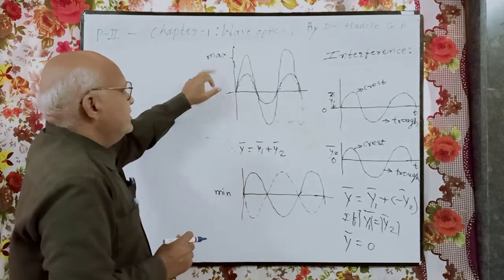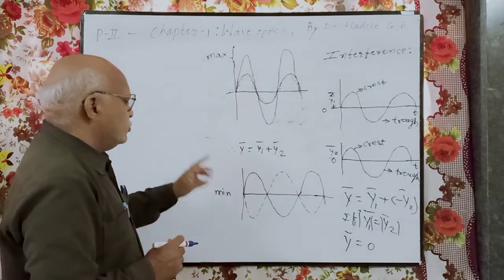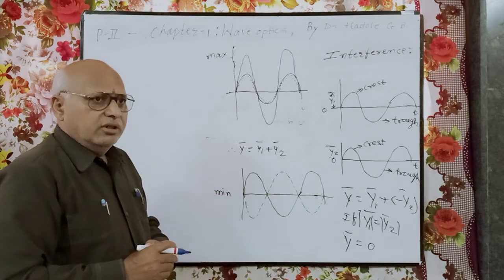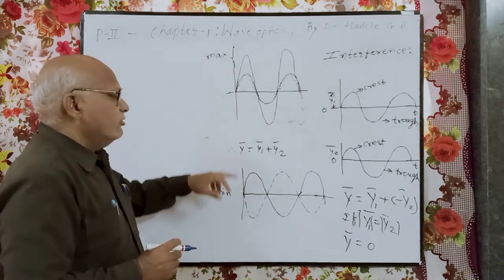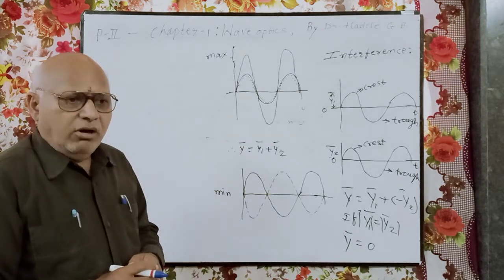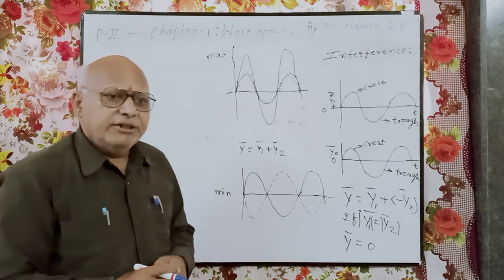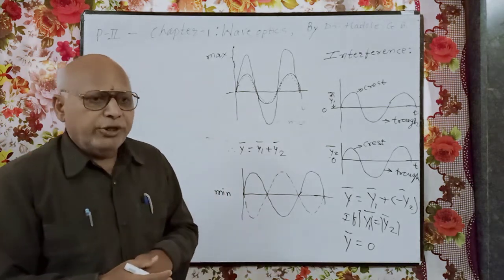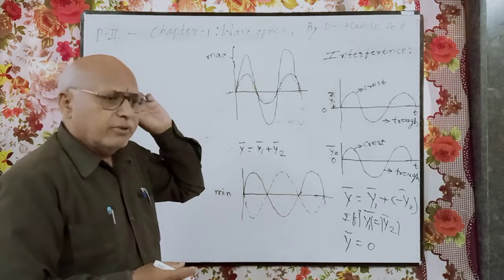Now, this is also called enhancement. It is also called cancellation. It is enhancement or cancellation of light waves or intensity of light due to superposition of two or more light waves, and therefore it is also called an interference of light.